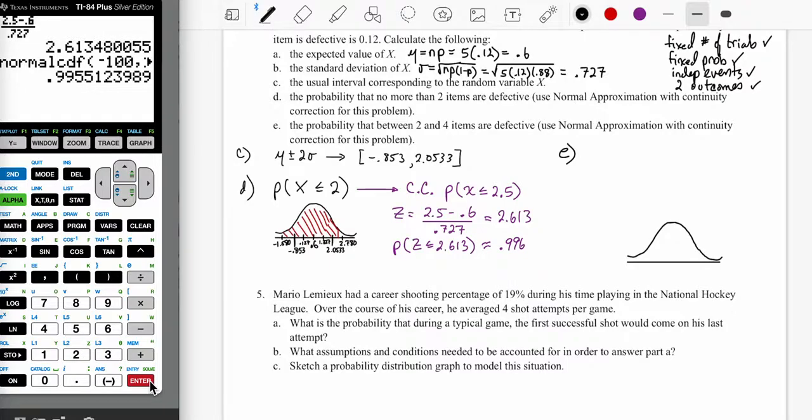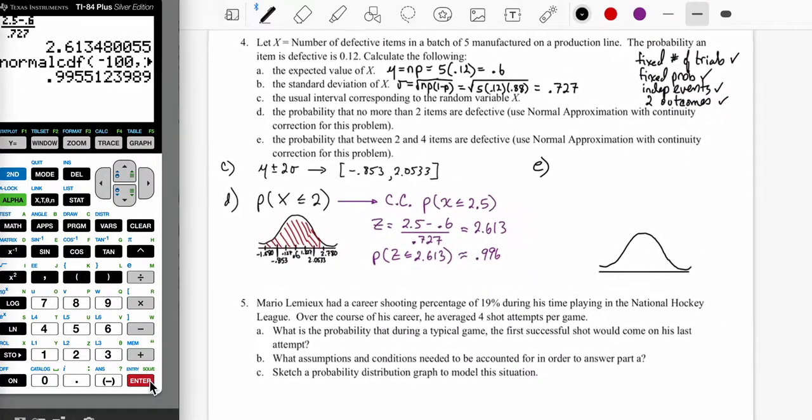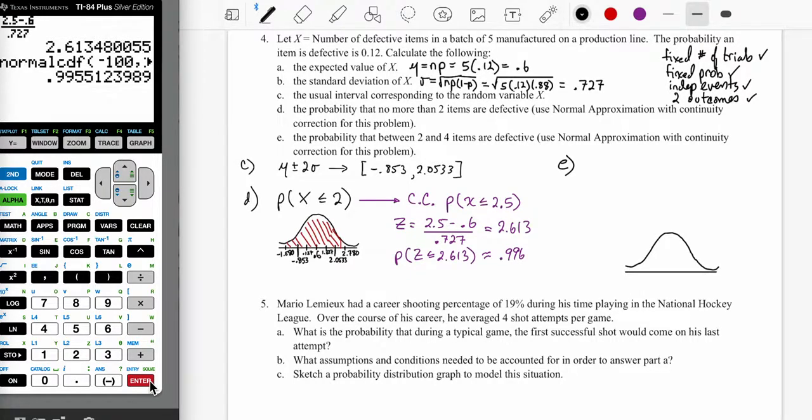I'm going to assume that 2 and 4 are valid numbers, all right? This comes from the context, but also you can go back to that, pick a number between 1 and 10. I play by the rules where if you say 1, that's fine. If you say 10, that's fine, right? But in this case, you think about what it would mean if you did not include the 2 and the 4. You're talking about a number of defective items out of 5 that are manufactured.